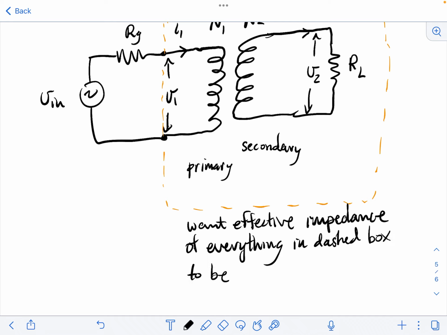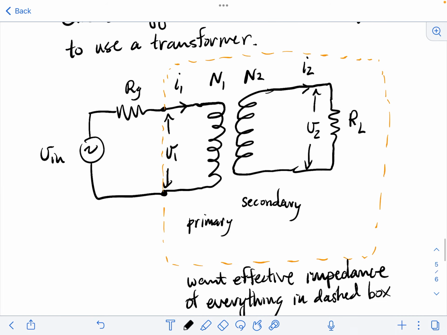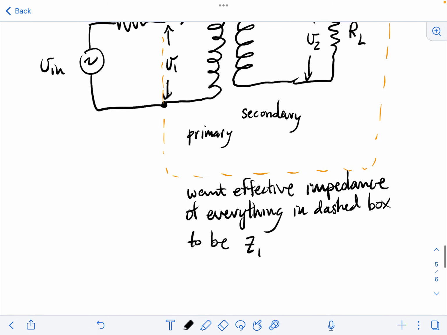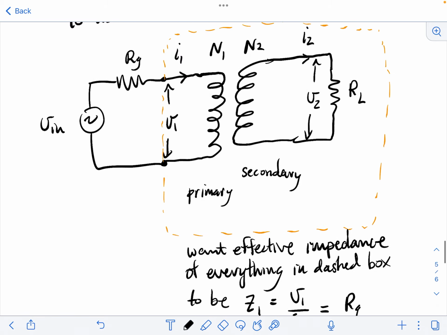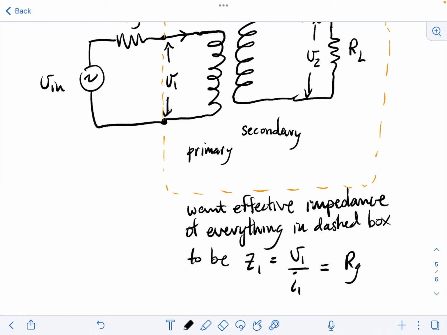So if we look at this dashed box, what does it have? It has a current I1 going into it, and it has a voltage V1 across it. And so if we want to calculate its impedance, that's just going to be V1 divided by I1, and we want that to be equal to RG. Okay, so that's the goal, and so let's see if we can do a bit of analysis.